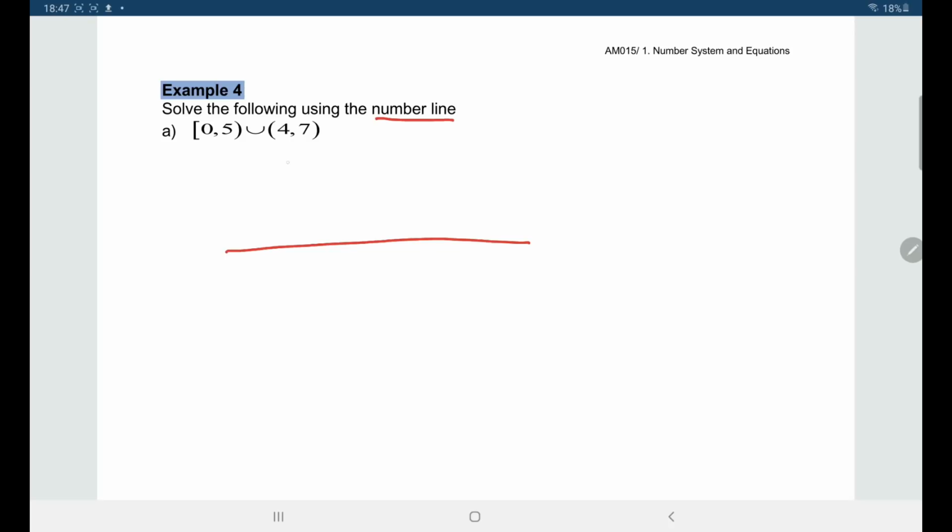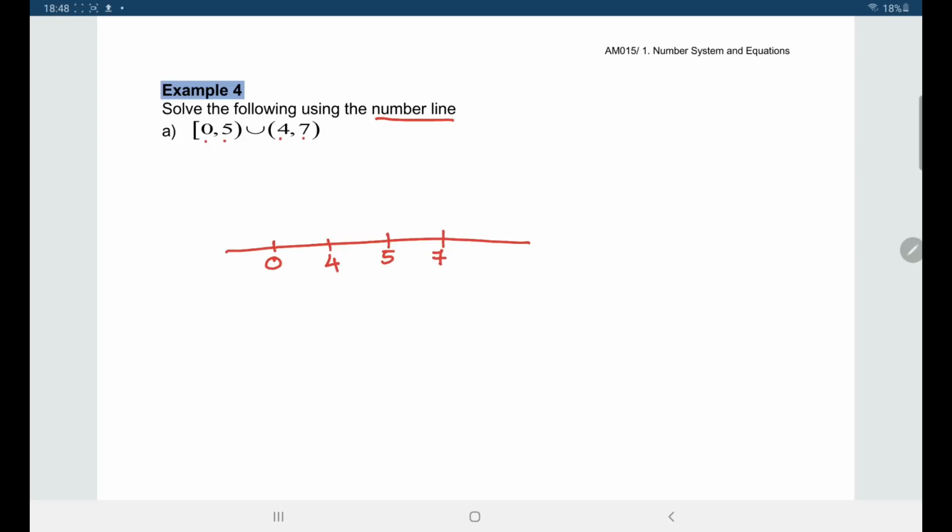From both intervals, from smaller value to higher values are 0, 4, 5 and 7. We mark here the smaller value is 0, next number 4, next number 5 and the last one is number 7.